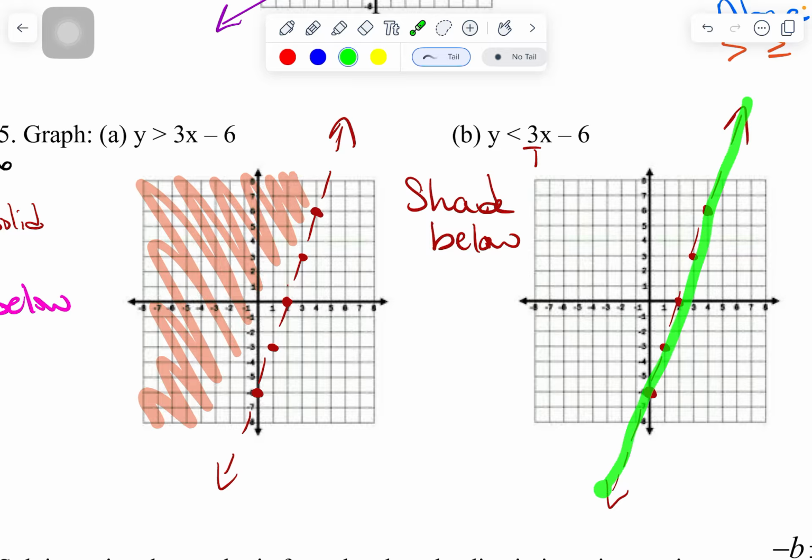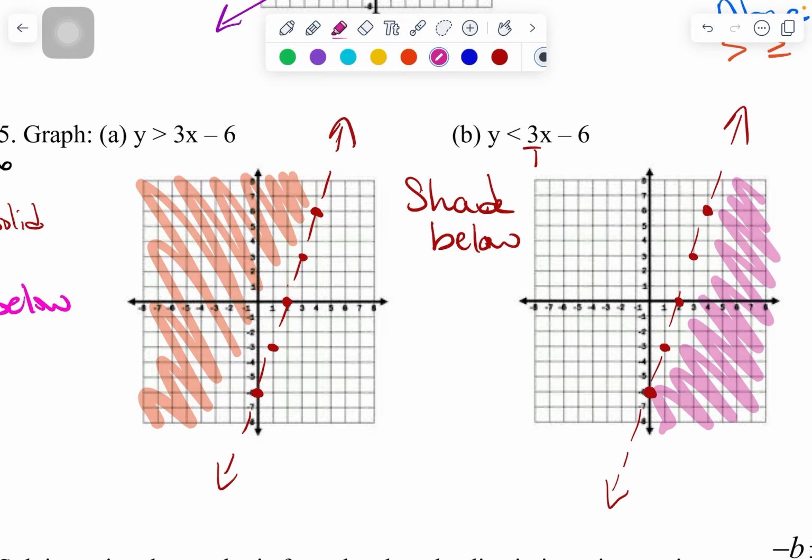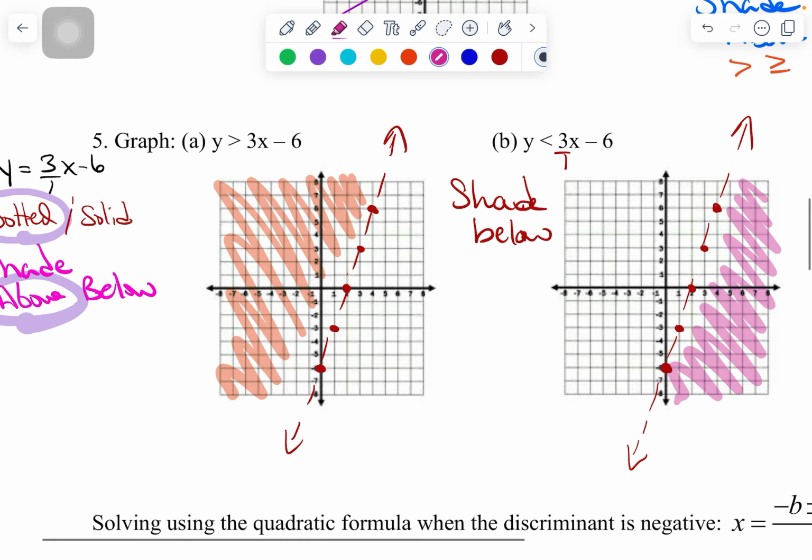So your boundary line right here, you want to shade underneath it or below it. So again, pick your color of choice, shade, shade, shade. There we go. So boundary lines are in the same position for part A and part B. They're both dotted, right? Everything's the same for that. It's just the shading that changes, whether you're going above or below your boundary line.